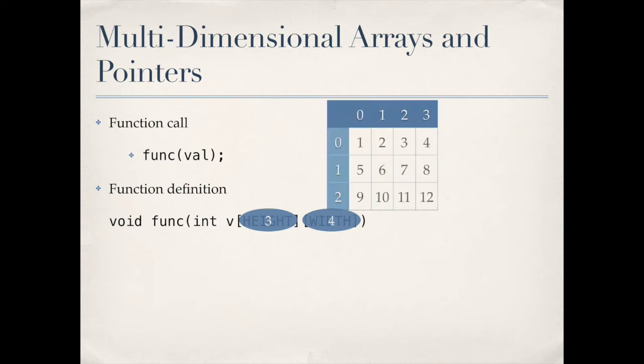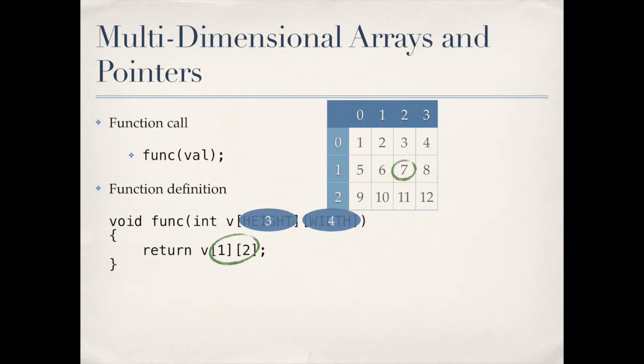We normally imagine such a thing as a matrix of 3 rows and 4 columns. Now, if we access this array, what does it mean? It's easy here. It's row number 1 and column number 2. Row number 1 is here, column number 2 is here, so we should end up at 7.